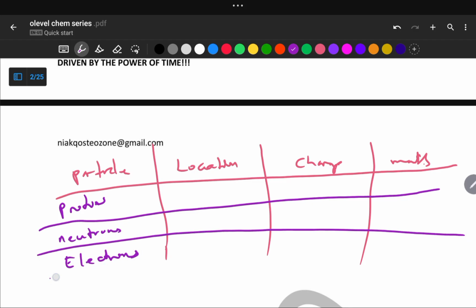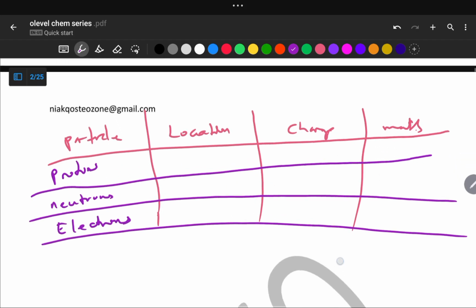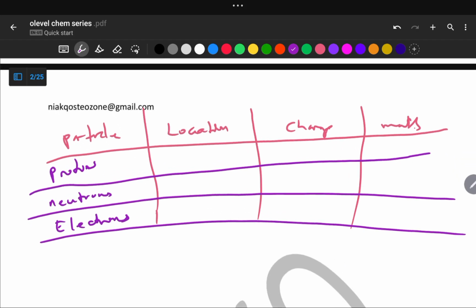For location, the protons are located in the nucleus, and the neutrons are also located in the nucleus. The electrons are located in the shells or the orbitals. I can say shells for junior chemistry.